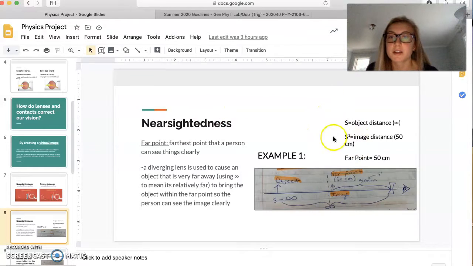So here we have object distance, which is infinity. We have the image distance, which is 50 centimeters, and the far point is 50 centimeters. So this person can see anything within 50 centimeters, and then beyond that to infinity, they have trouble seeing.